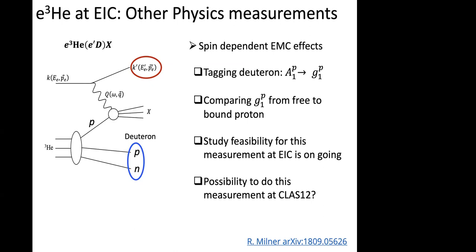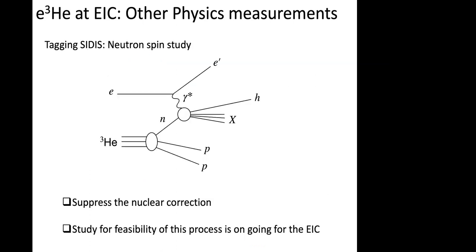So this is another physics opportunity. I need to mention another big thing, which is the SIDIS measurement using double tagging. At this time, we have a sort of idea about what we want to do. We may want to study spin and flavor dependence as a function of PT or Z to study TMDs using the SIDIS measurement.